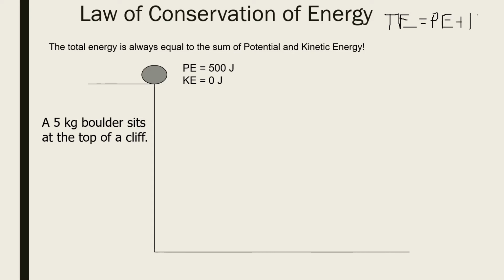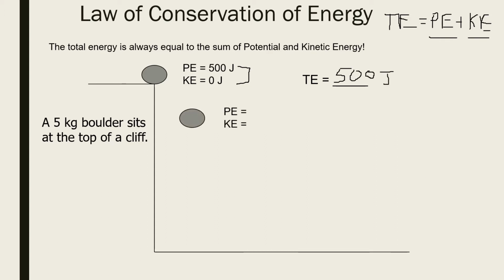We know this already, but I'm putting it down again just so we can see it. Awesome. So in this case, we know what the total energy is. If I say that this boulder sits right up here, the total energy is PE plus KE, 500 plus 0. Bam, 500 joules. Easy.